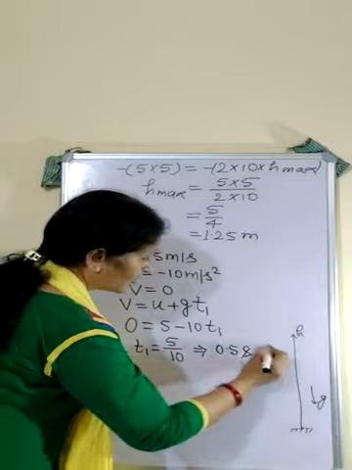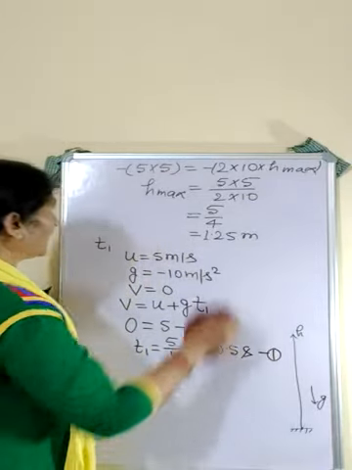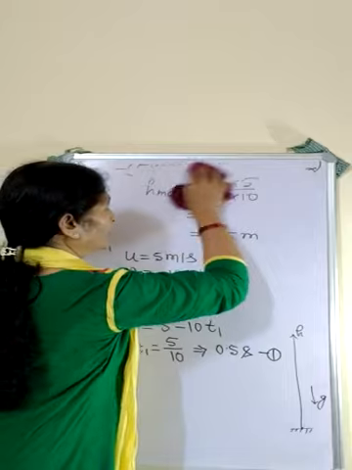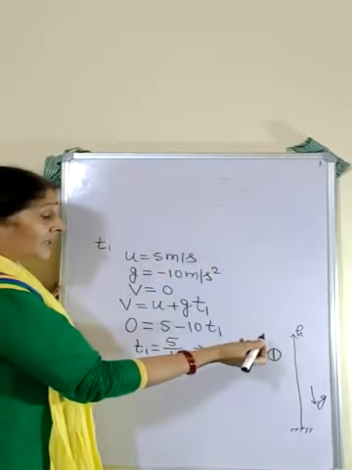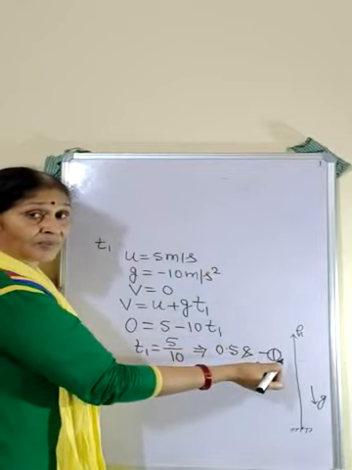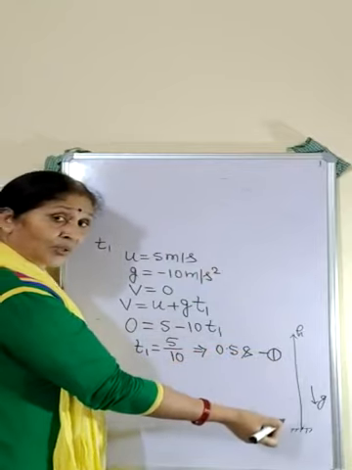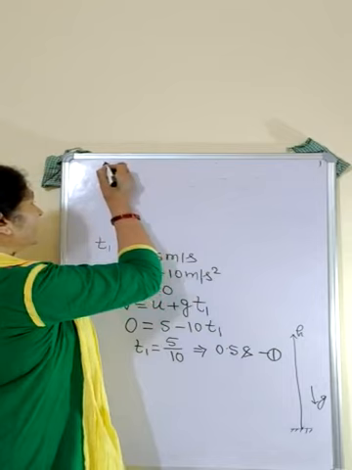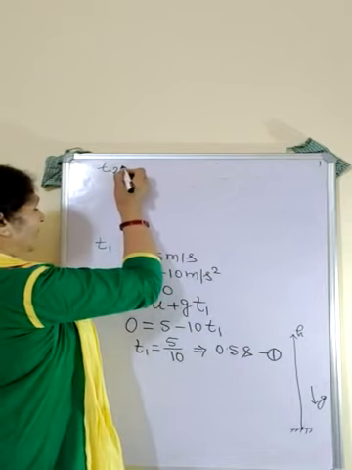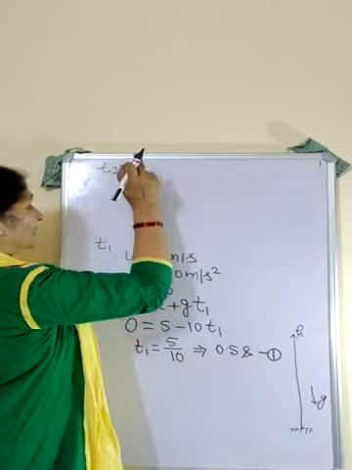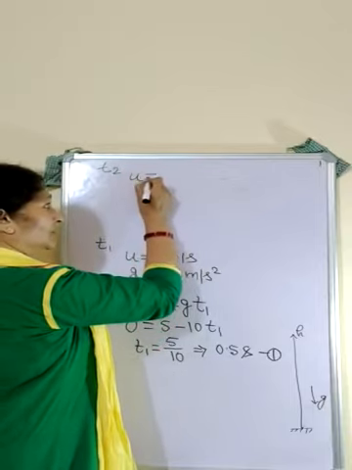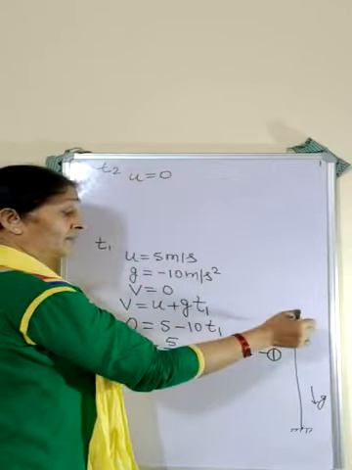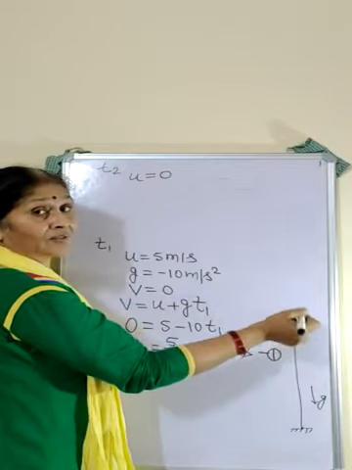Now t2. t2 is the time taken by the stone to come back to the ground. In this case, to find t2, the initial velocity is 0, because at maximum height the velocity of the stone is 0.